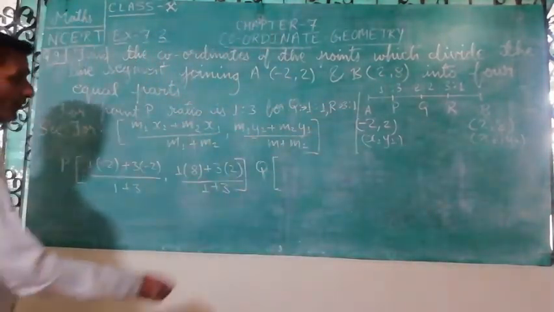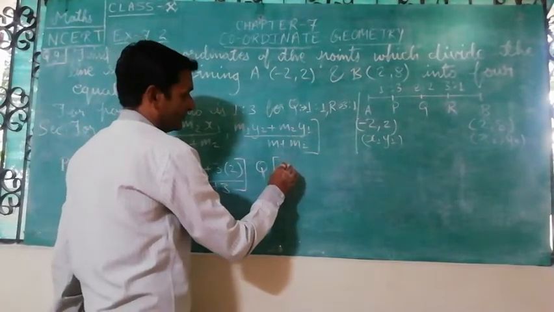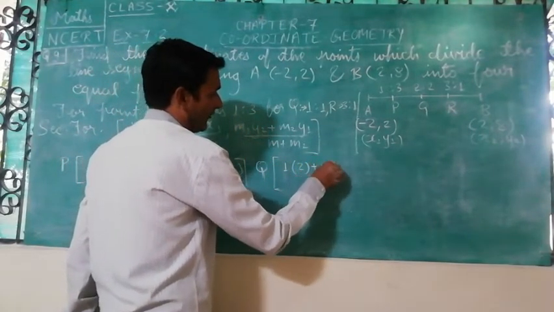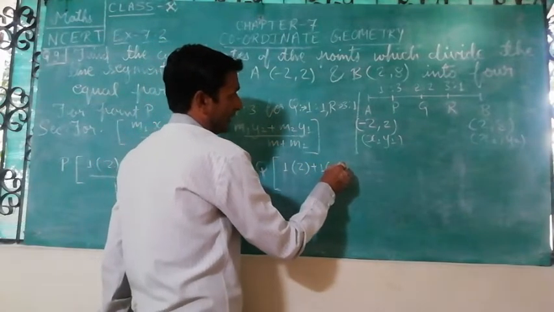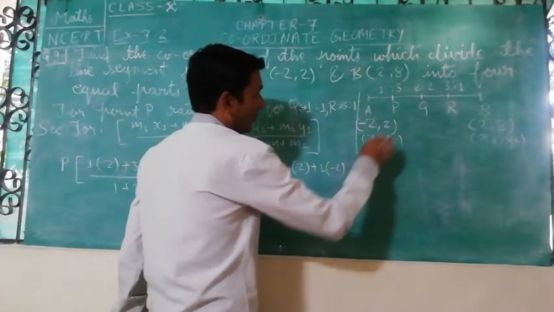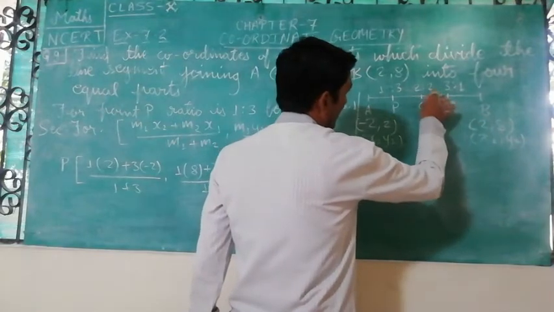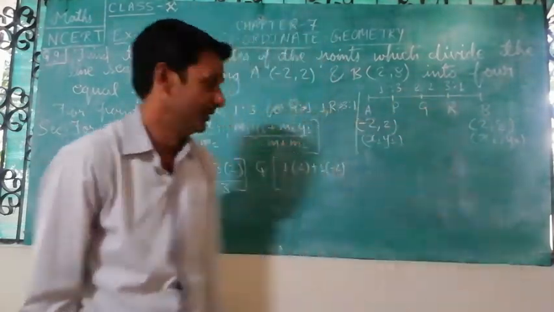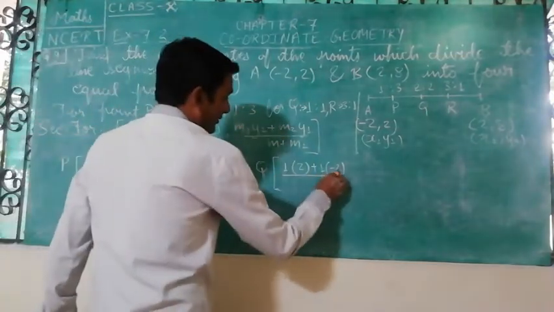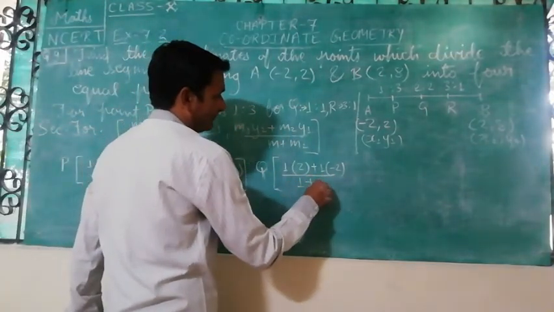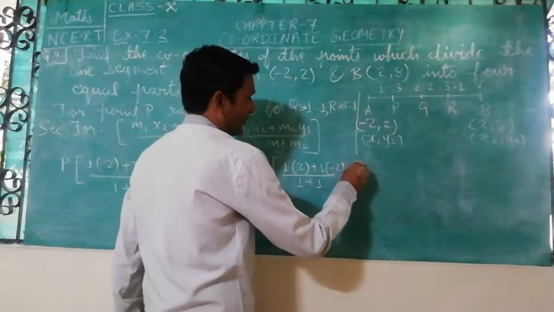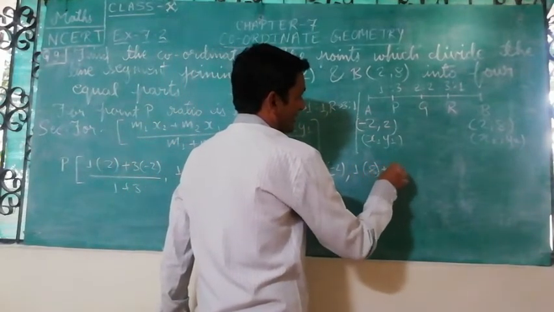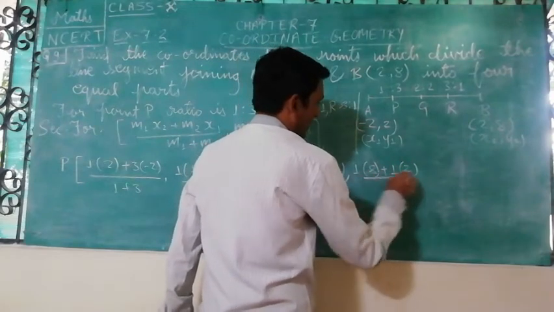So for Q we are writing 1 into 2 plus 1 into minus 2 upon 1 plus 1. Why is it 1? Because 2 upon 2 is equal to 1 upon 1. And here it is 1 into 8 plus 1 into 2 upon 1 plus 1.